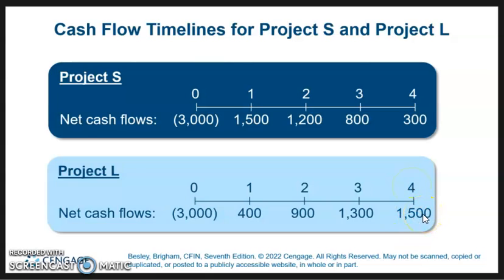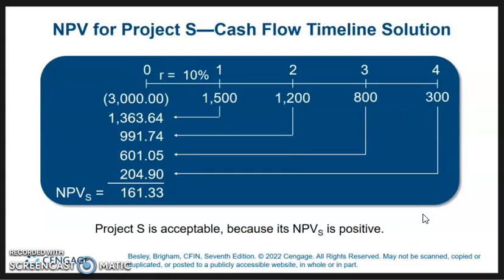So the NPV for Project S looks like this, where the $1,500, this is at 10%, would be divided by 1.1, and that goes at $1,363.64. The $1,200 here in year 2 would be divided by 1.1, 1 plus the rate, squared.